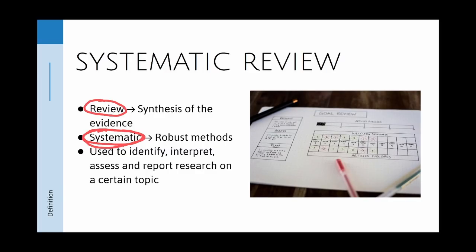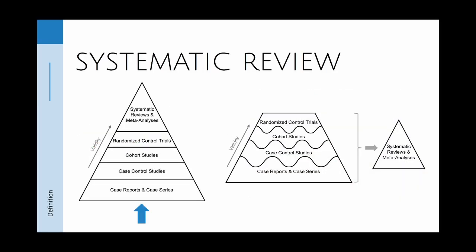Maybe you have seen this evidence-based medicine pyramid, and that puts systematic reviews at the top of the pyramid. Probably this pyramid is a simplification of the evidence, but it's important to note that systematic reviews are considered a good source of evidence.